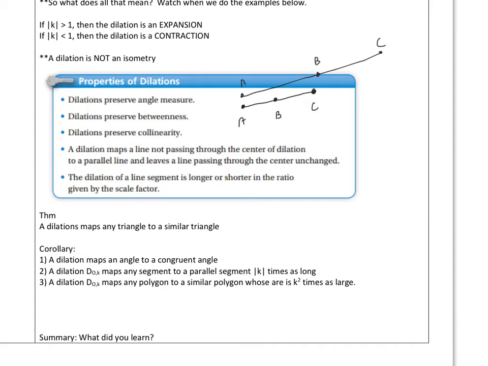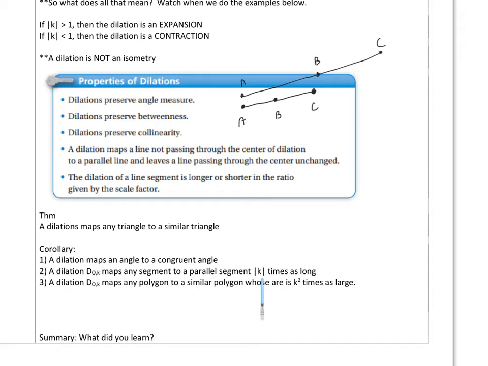A dilation maps a line not passing through the center of dilation to a parallel line and leaves the line passing through the center unchanged. The dilation of a line segment is no longer or shorter than the ratio given by the scale factor. All these dilations map any angle to a congruent angle. This is all stuff we've talked about in the previous section as well.